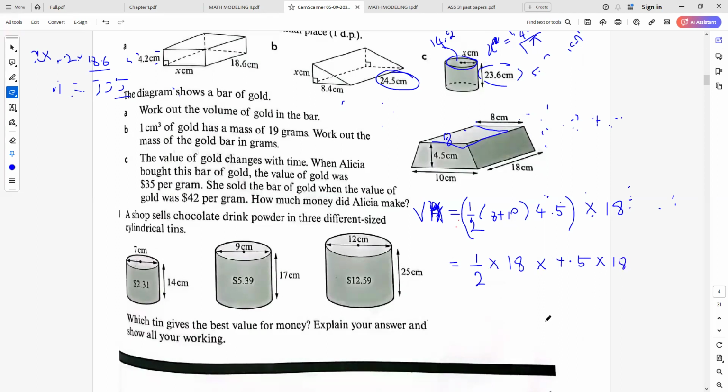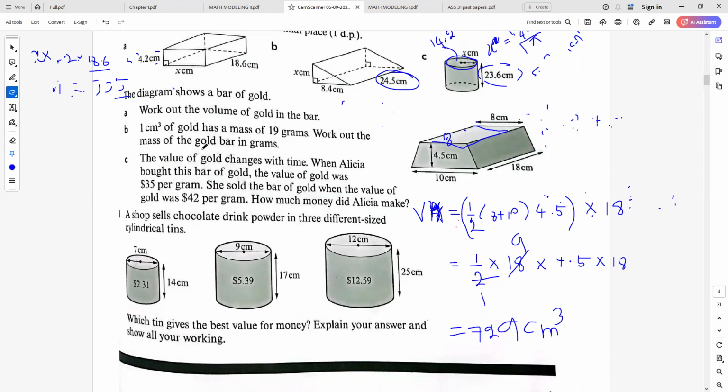After a small simplification, we can use the calculator. So 9 times 4.5 times 18 would give you 729 centimeter cube.